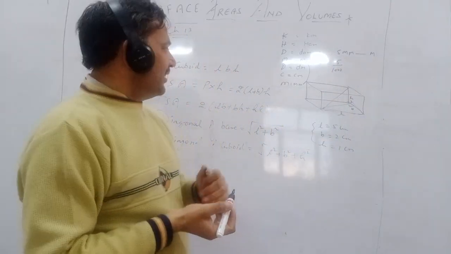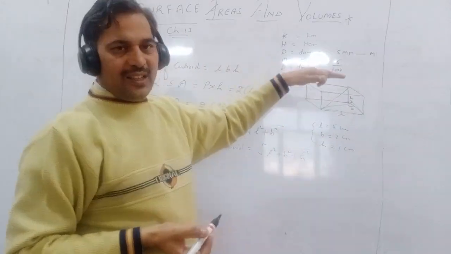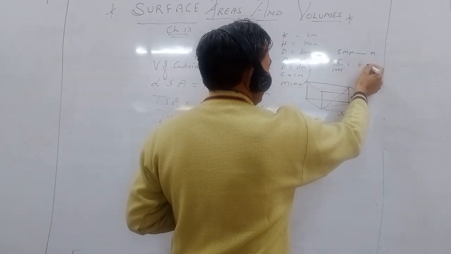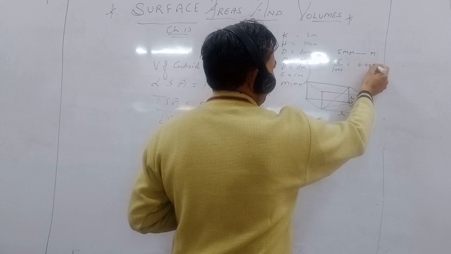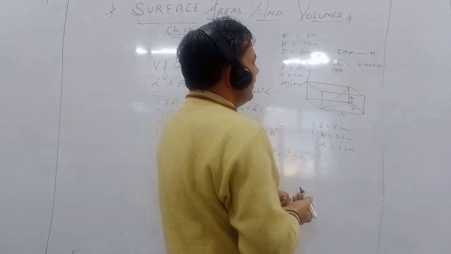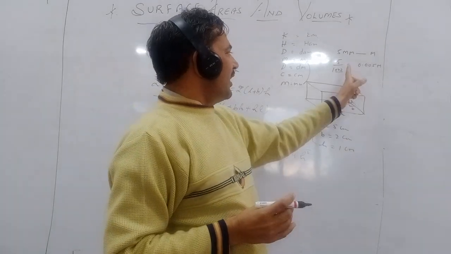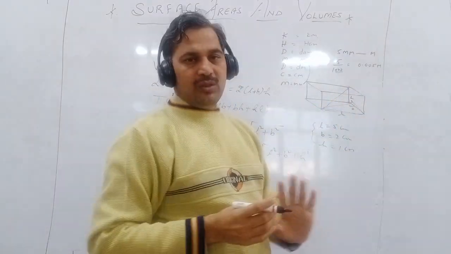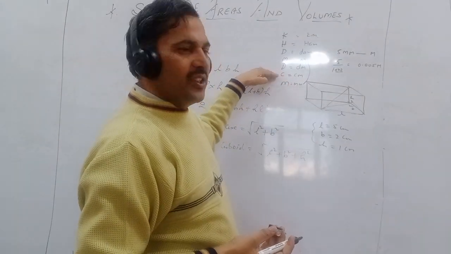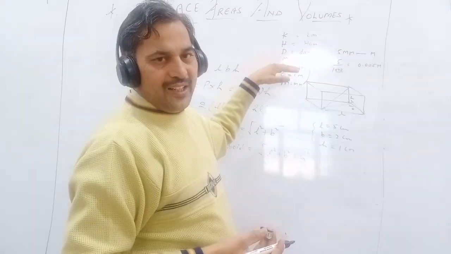You will divide millimeter by 1000. Then we get 0.005 meter. After 3 digits you use the decimal. Is it clear? If millimeter, to change into centimeter, divide by 10.